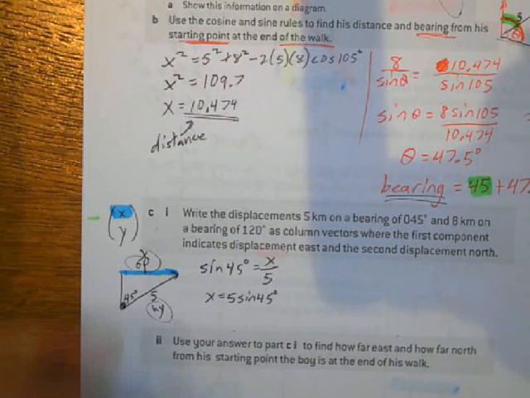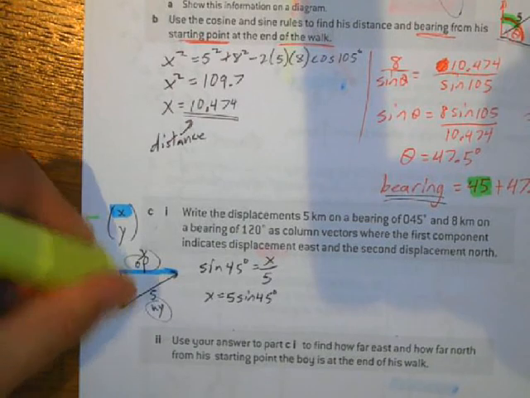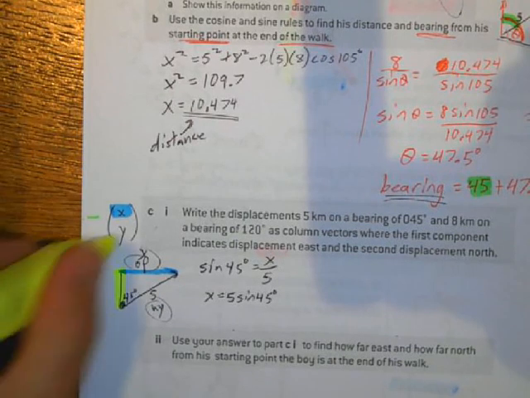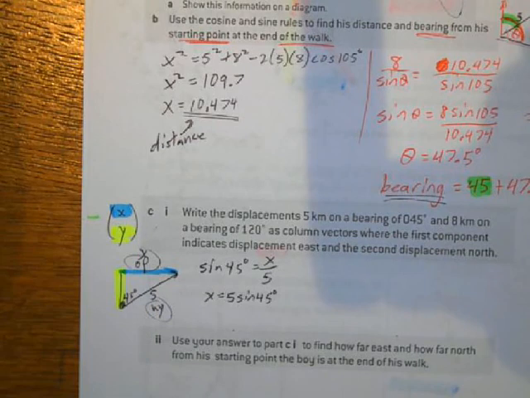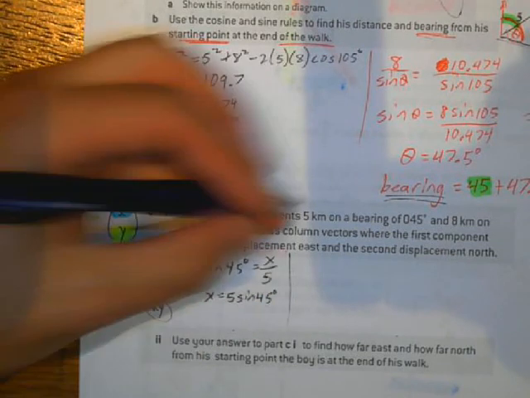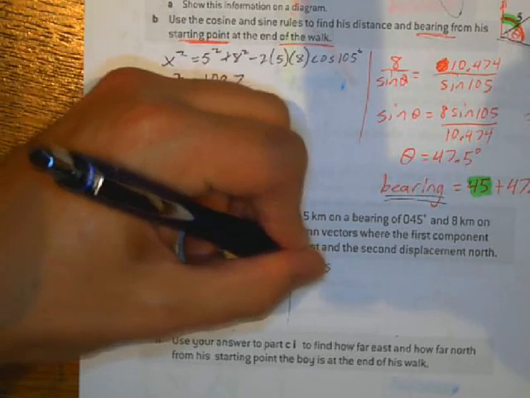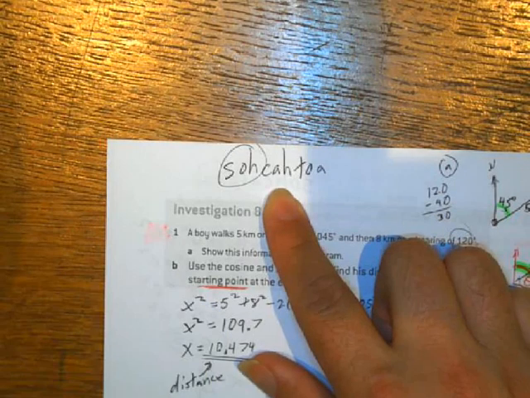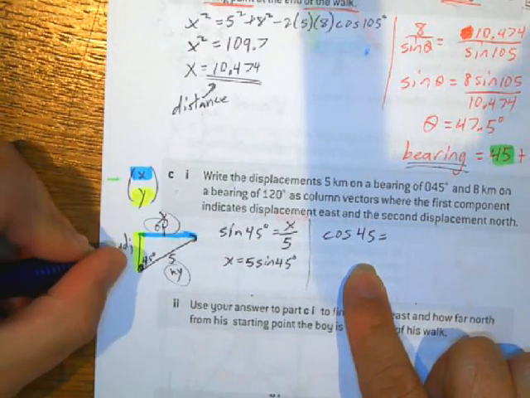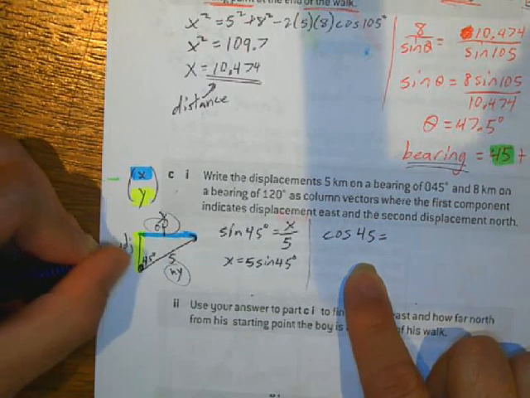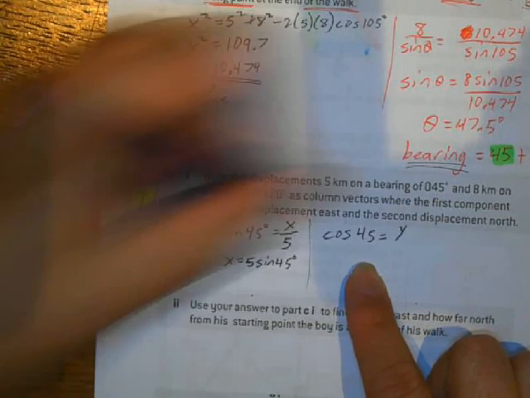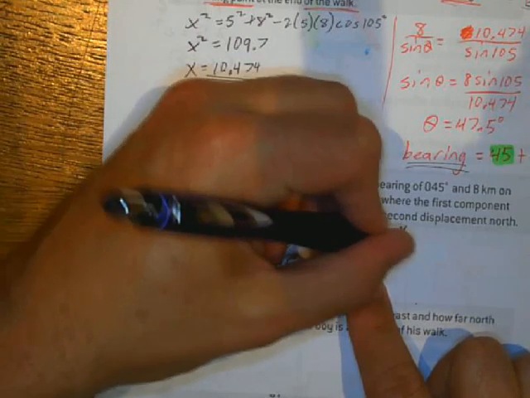Okay, now to find y, this value, that's adjacent, right? So I can say that adjacent and hypotenuse means we're going to use cosine. So cosine 45 equals adjacent over hypotenuse. So I'm just going to call this y, right? So adjacent over hypotenuse, y over 5.